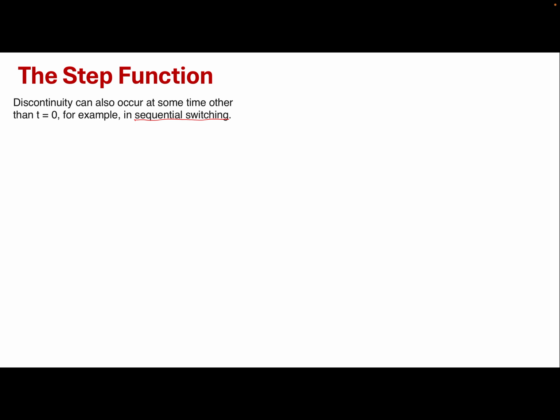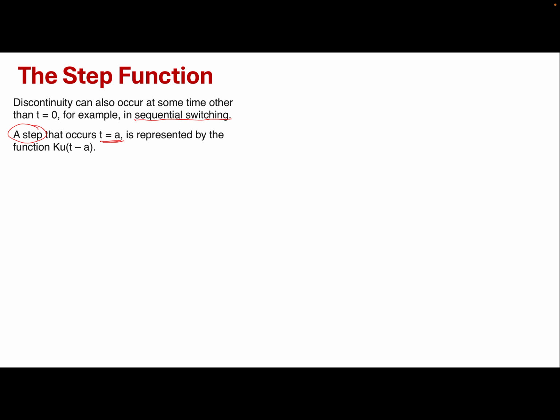So we're going to define another variable a where the switching can happen, right? For example, a switching operation can occur at t equal to a. If the switching operation occurs at t equal to a, your step function will move all the way over there, right?